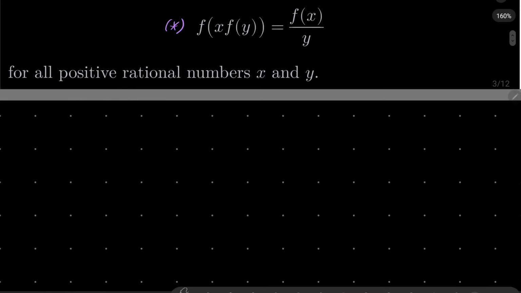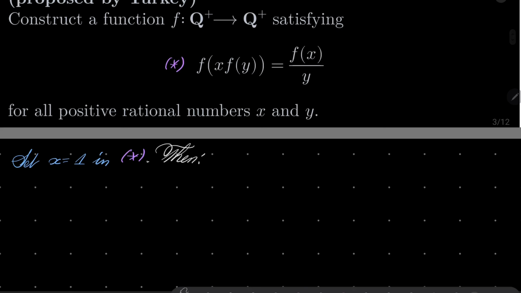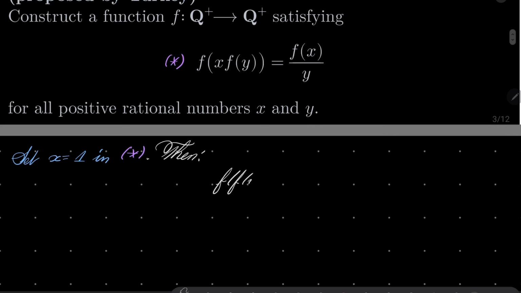Right, so let's start. Let's take our equation and set x to be 1 in our condition asterisk. Then we have the following: f of y equals f of 1 over y, which means, notice that the function here is injective because f of 1 is non-zero.